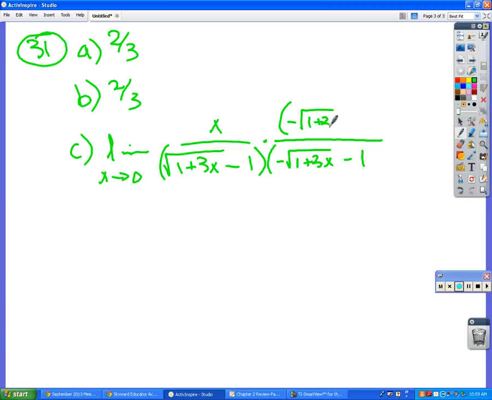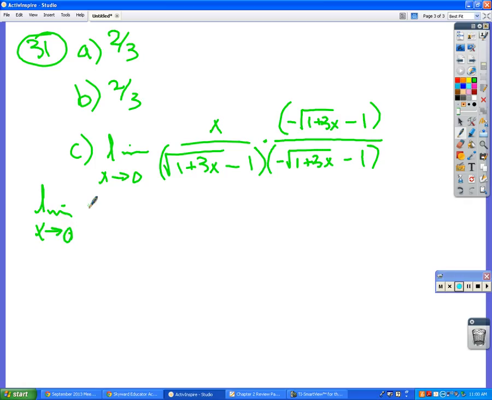Remember with these that you need to make the square root negative and the regular number stays the same. So we're not changing the -1 to a +1, we're just changing the square root. That was probably one of your problems.